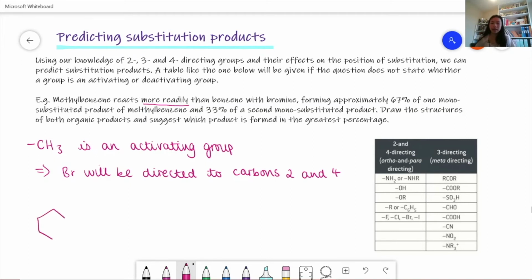It looks like this: we have the benzene hexagon, and then we have a methyl group. What forms when we react it with the bromine is a benzene with the methyl group, and also a bromine on the second carbon.